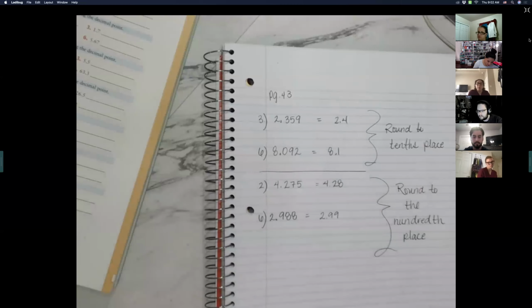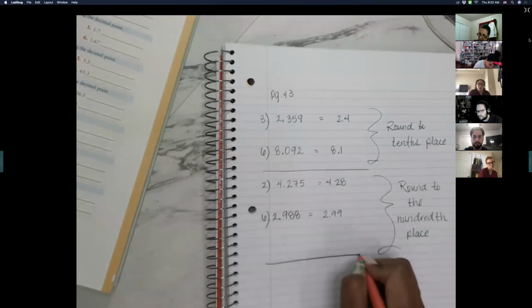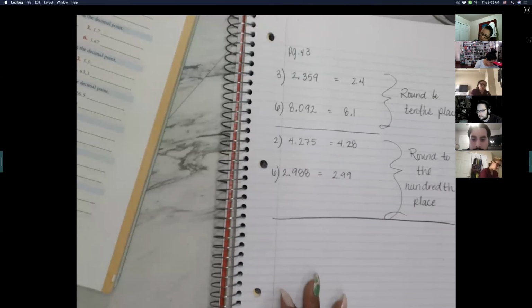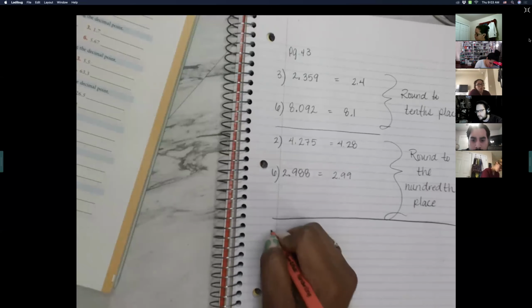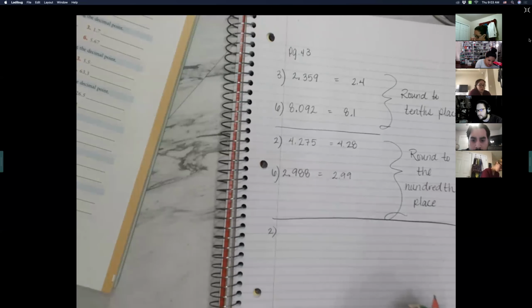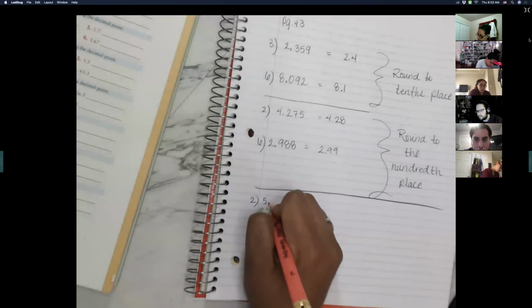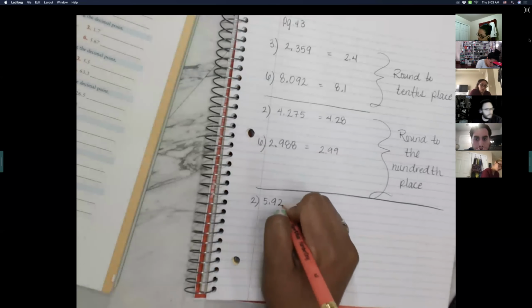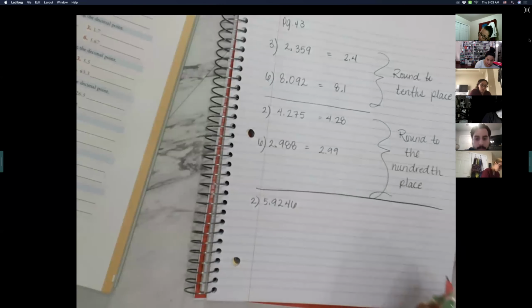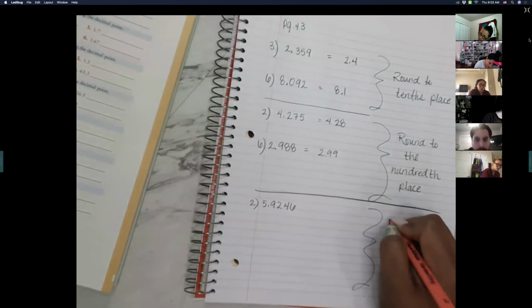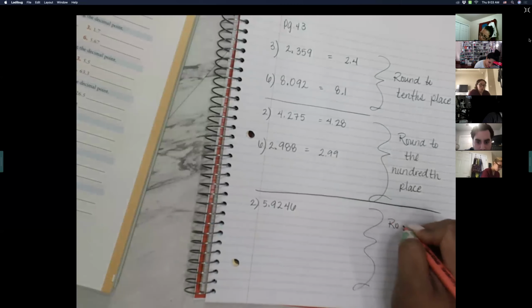Okay. So I left a lot of space. Last, let's go to our next section. We're going to do number 2 again. The value is 5.9246 and round to the thousandths place. 5.925.